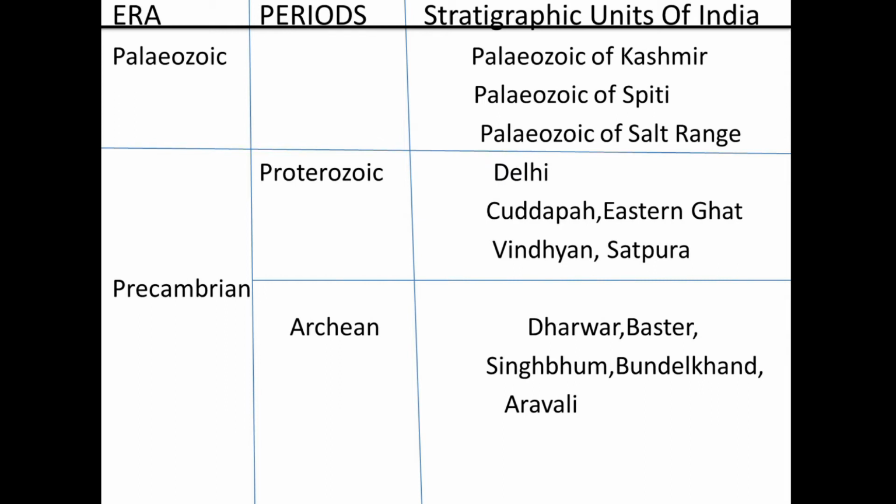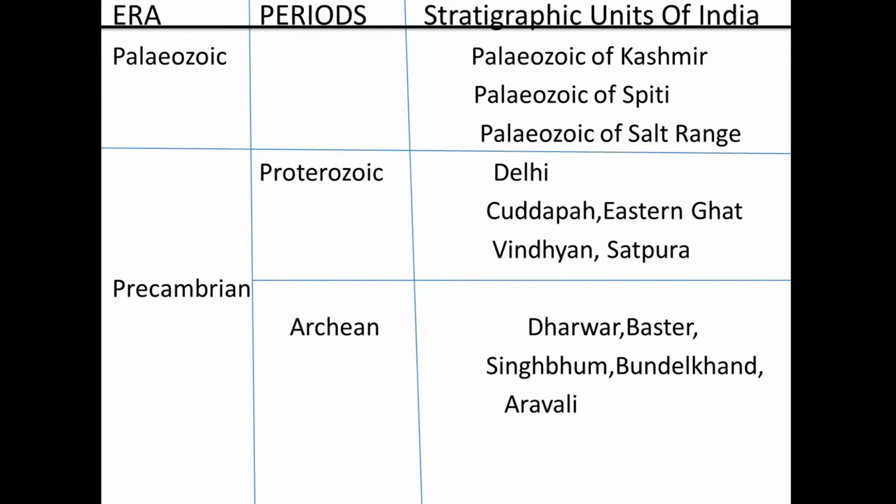Look at this table. This table gives you an overview of the major stratigraphic units of India in different time intervals. In Precambrian time, we have Dharwar, Bastar, Singhbhum, Bundelkhand and Aravalli Craton. Similarly, if we consider the Proterozoic era, then we will have Delhi, Vindhyan, Kadapa, Satpura and Eastern Ghat mobile belt.